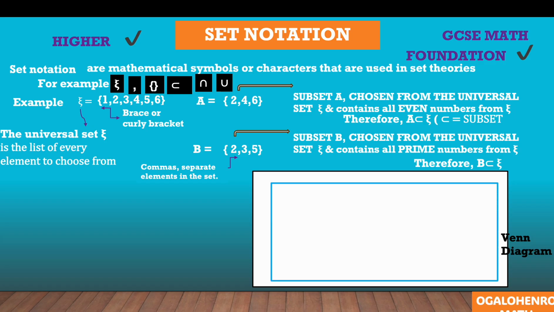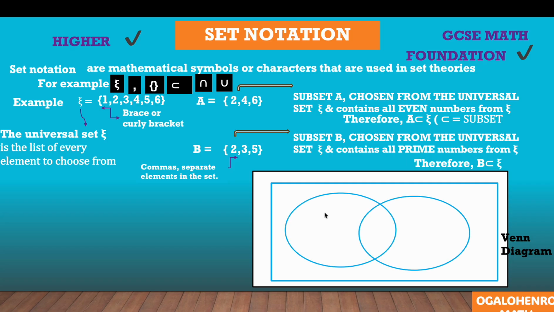When showing your Venn diagram, draw a rectangle. Then, depending on the number of subsets given to you from the universal set, you draw that number of circles. Here we have 2 subsets, A and B, which means we are getting 2 circles. So we draw the first circle here, then the second circle.